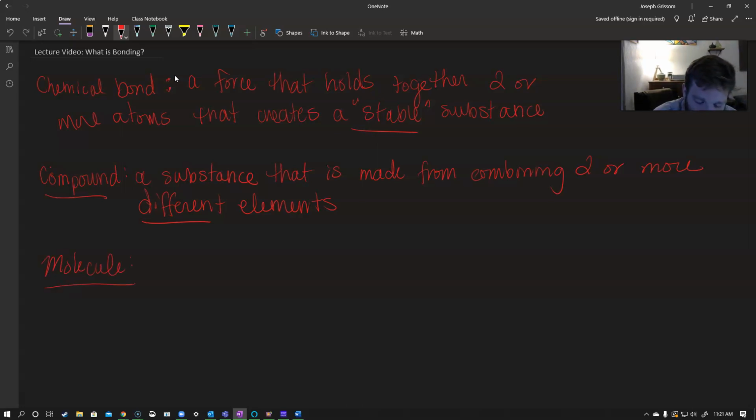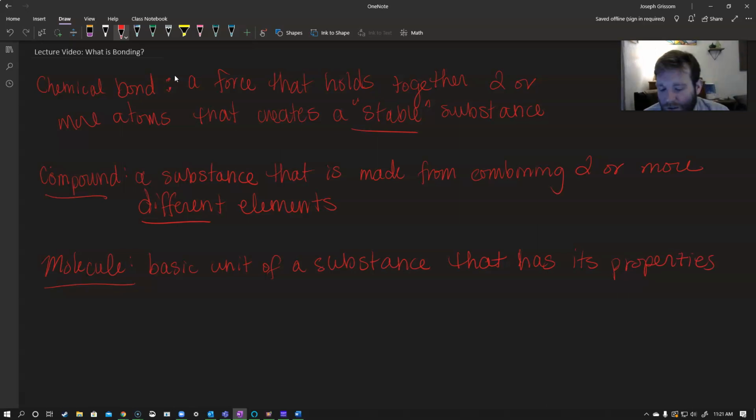So a molecule is like the basic unit of a substance that has its properties. Okay, so if we're talking about a basic substance, like let's say sand, for example.